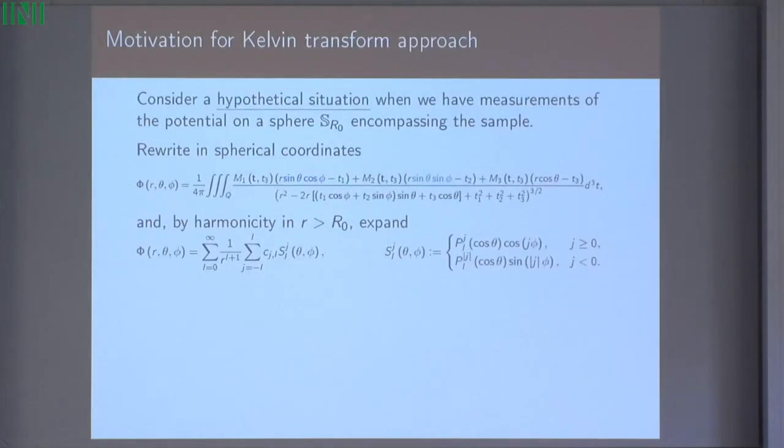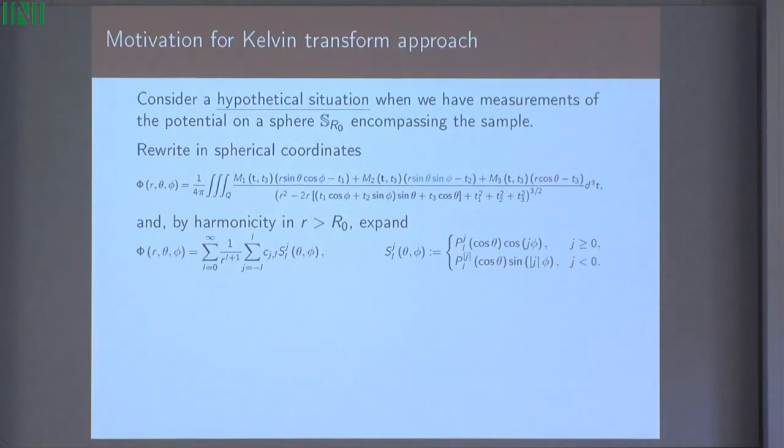All right. So to motivate the Kelvin transformation, let's put ourselves in a hypothetical situation where we measure not on the plane, but somehow we have a measurement on a sphere encompassing the sample. Then we somehow measure the potential.